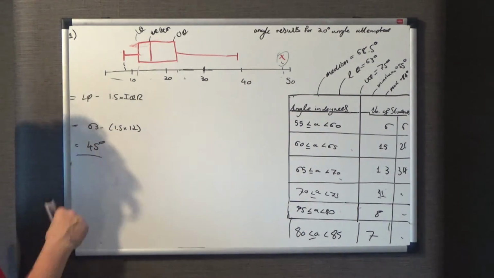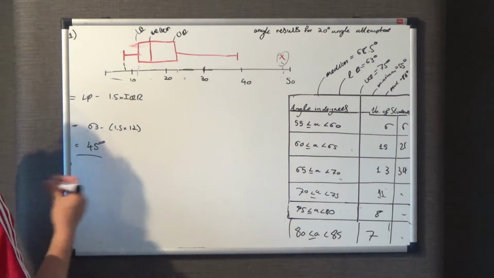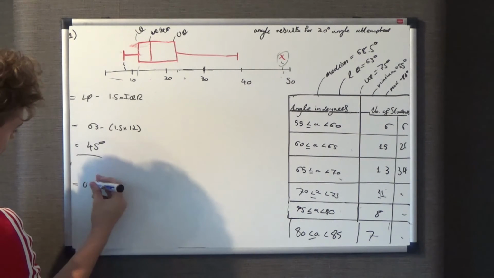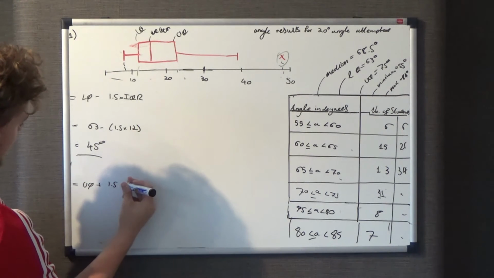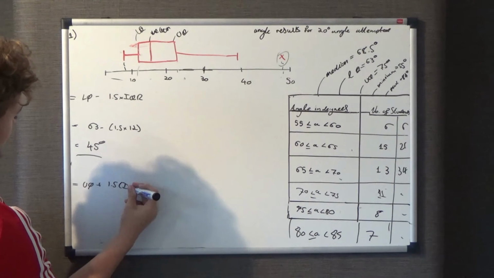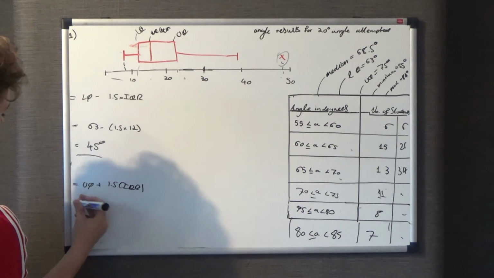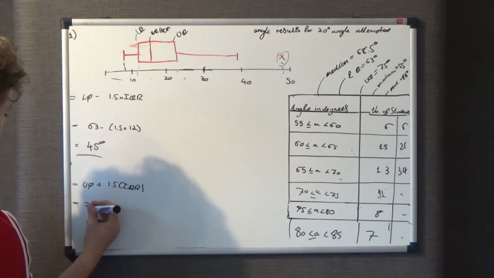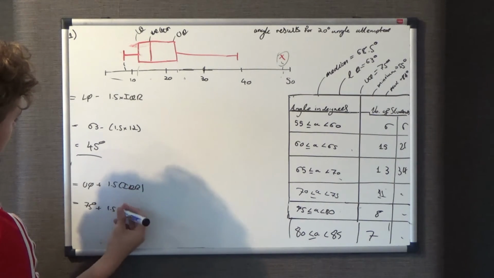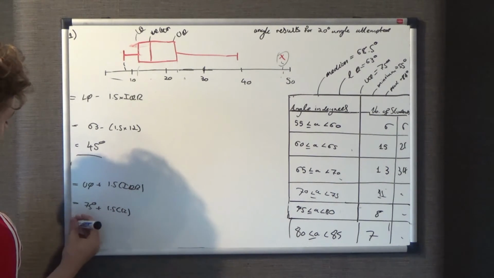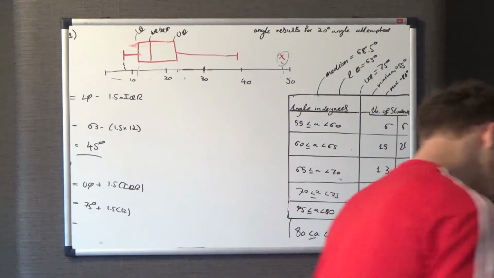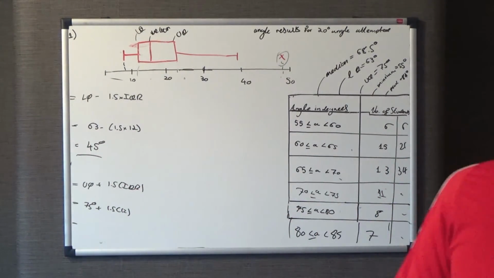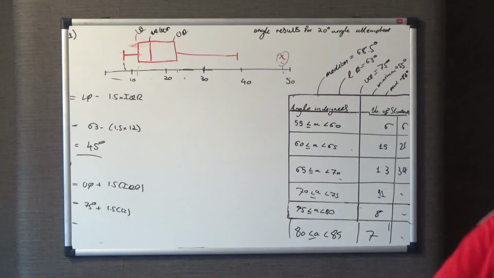Okay, so we need to check if there are any outliers on the other side, on the upper. For that one it's the upper quartile plus 1.5 times IQR. The upper quartile we know is 75 degrees plus 1.5 times 12, and that comes to 93 degrees.